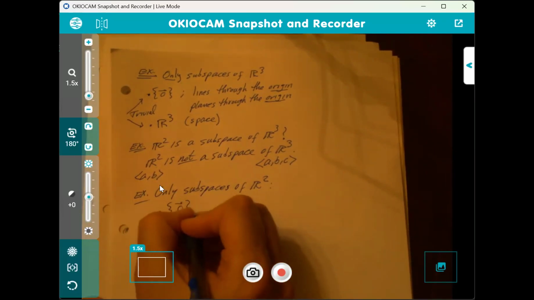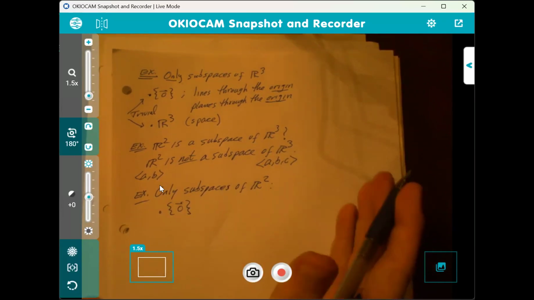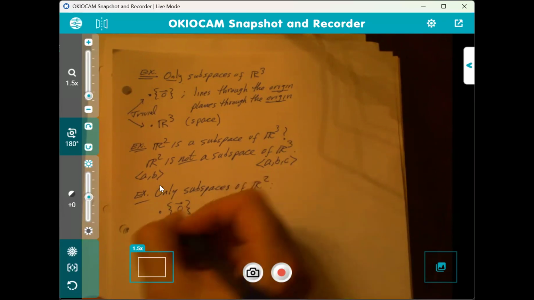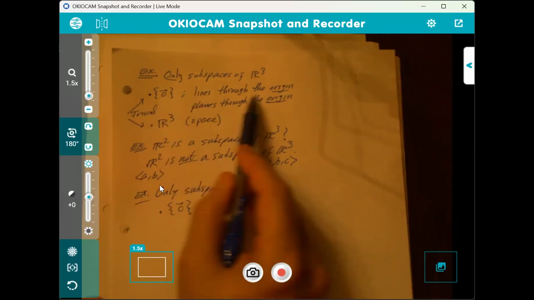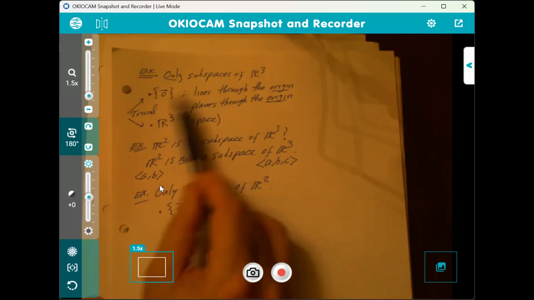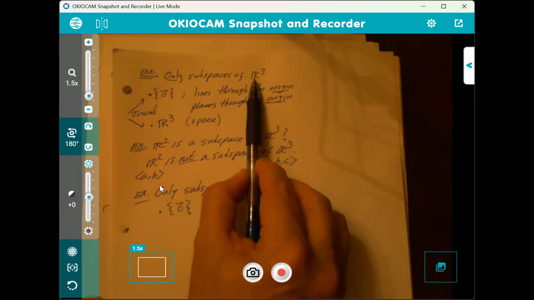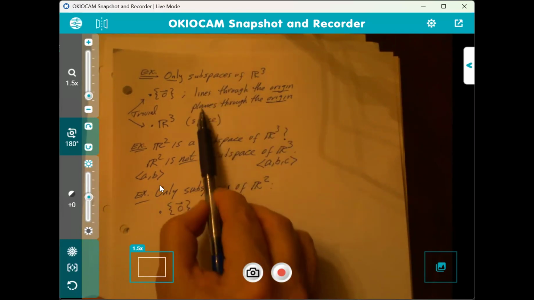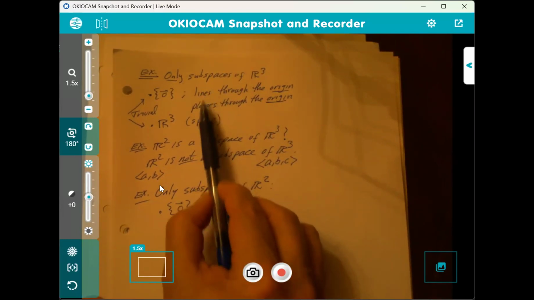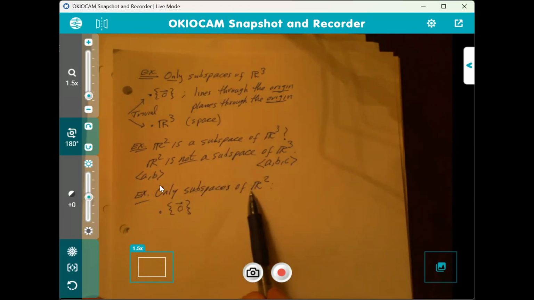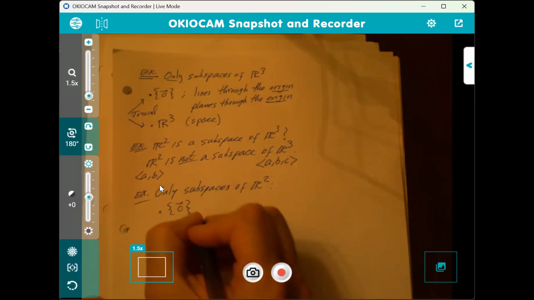Zero is a subspace of any Rn. Okay. And what do you think in terms of what you see up here? Try to make this work within R2. Remember, R3 is 3 dimensions, so planes have 1 less dimension, lines 2 less. R2, when you reduce R2 to R1, what do we get?